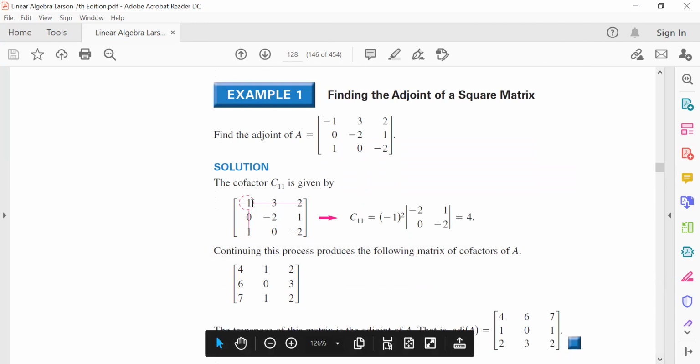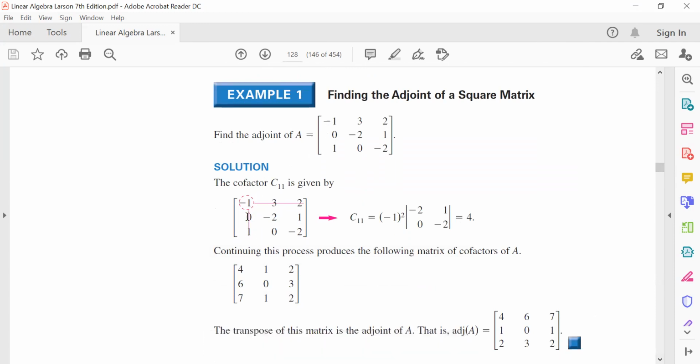So start over here. The top number is -1. Take the -1, knock out the row and the column. You have this little matrix here of -2, 1, 0, -2. Find the determinant: 4 multiplied by -1 squared. Now why is it +4?